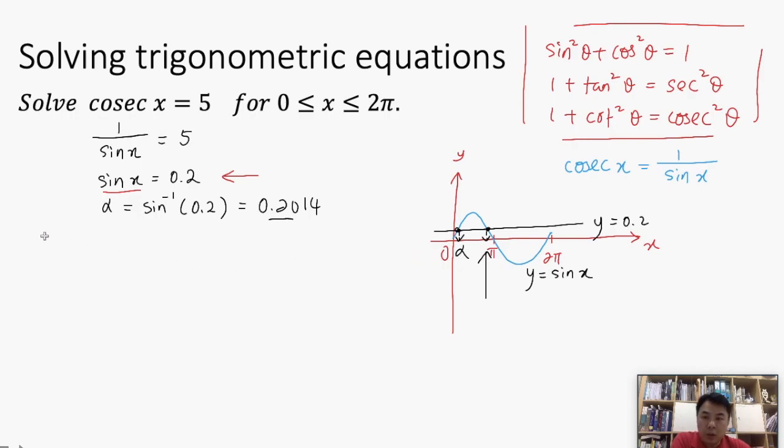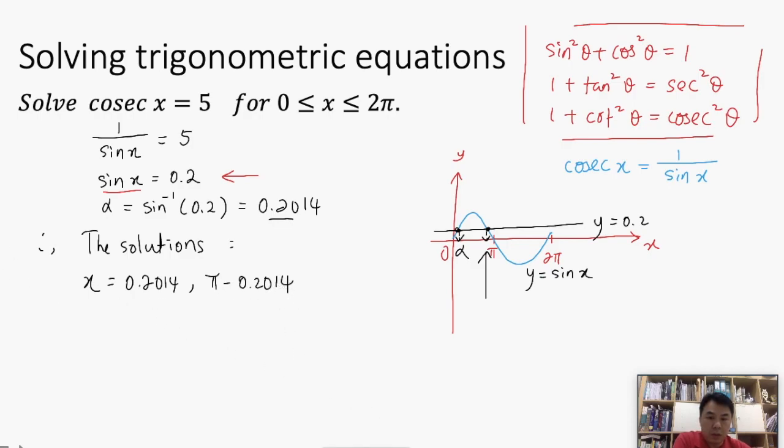So therefore we can conclude that all the solutions that we are getting can be given by x equal to 0.2014, which is the reference angle, and then by using symmetry, we can take pi minus 0.2014. So that will be our solutions there.